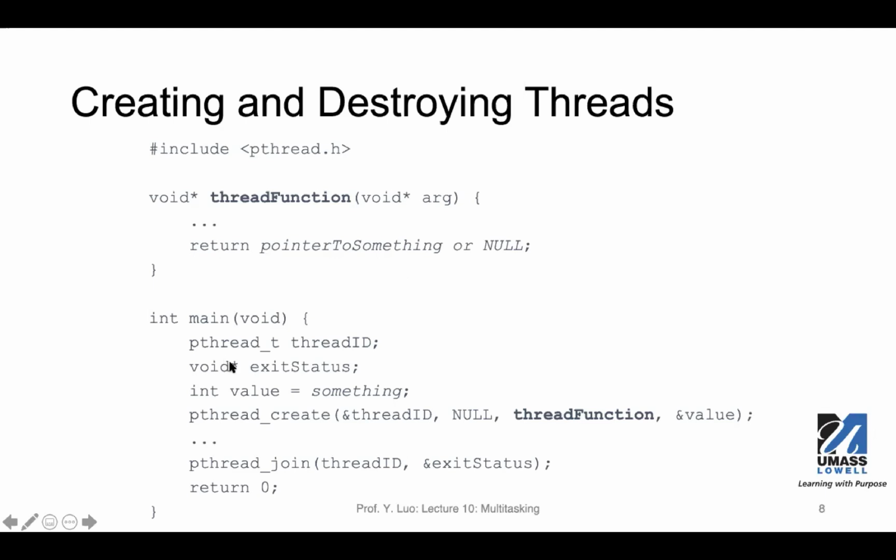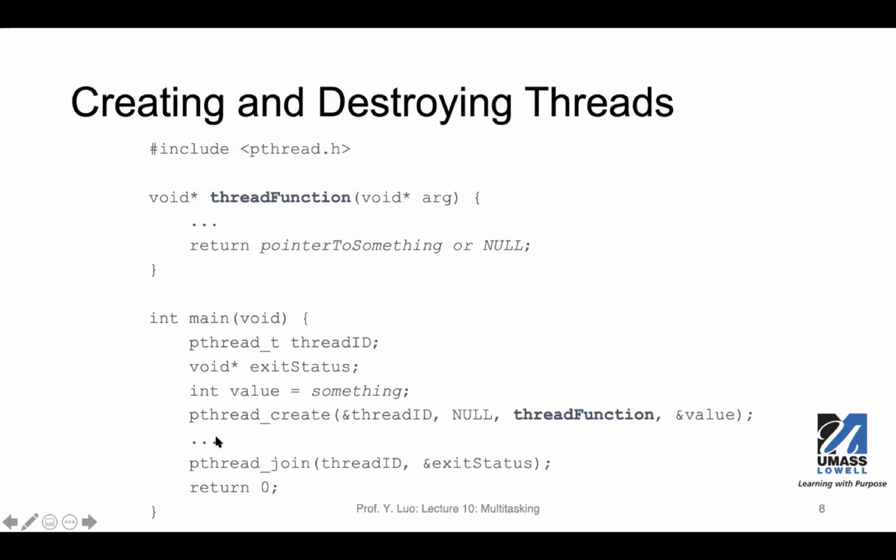In the main function, we have one thread to create. So we use pthread_create, which takes the thread ID as the first argument, uses the default attribute, uses this thread_function as the starting function, and then passes in the value here. The value is an integer, and we assign it a constant number, 24. So this is how I call pthread_create.